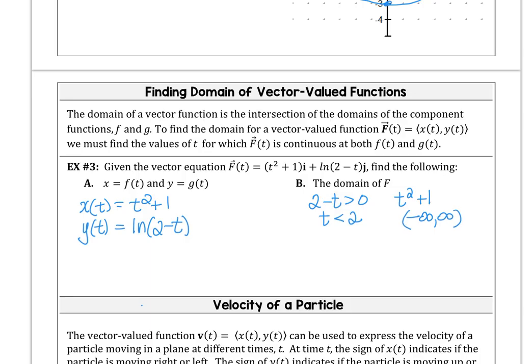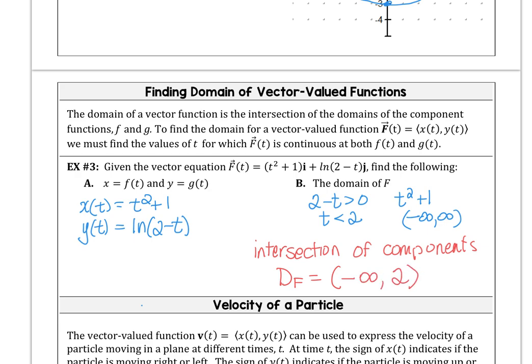What would be the intersection of the components is what we would call the domain of the vector valued function. So the domain of f is going to be from negative infinity up to 2, not including 2.